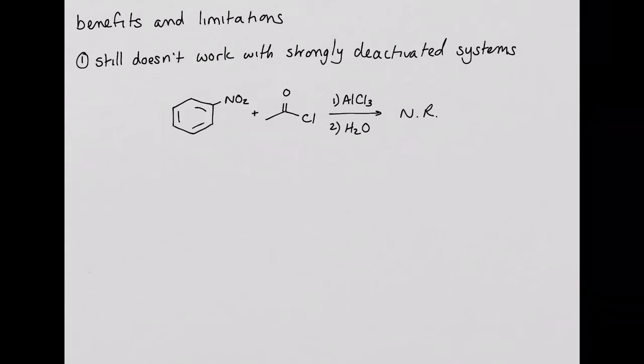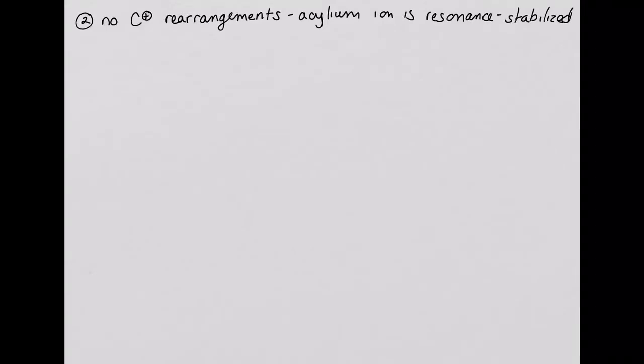There are some benefits, though. The first is that no carbocation rearrangements will occur because the acylium ion is resonance stabilized. Therefore, we can use Friedel-Crafts acylation to make alkyl benzenes that cannot be made through Friedel-Crafts alkylation.